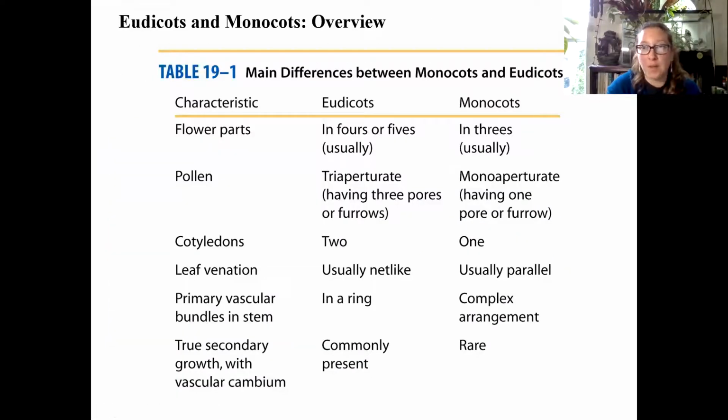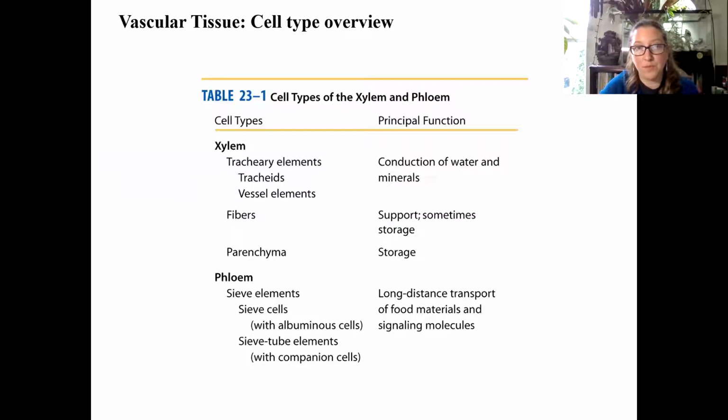Okay, here's a nice summary table for monocots and Dicots that tells you all the things I just covered. And then, as promised, this is the summary table I mentioned about xylem and phloem, the tracheary elements and the sieve elements and the other cell types, to keep them organized in your head.